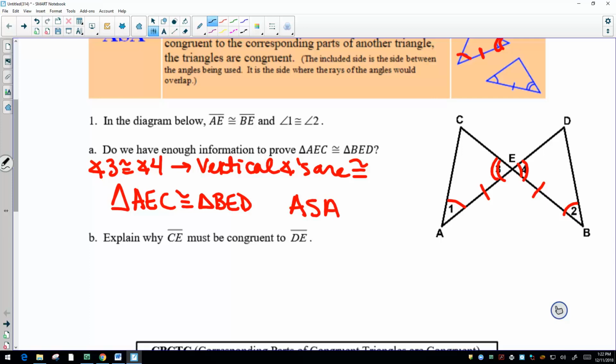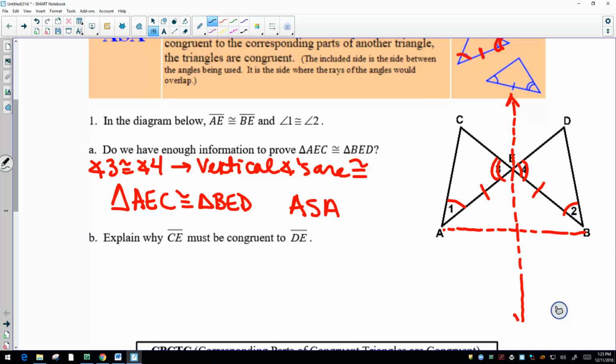So then it wants to know, why would CE have to be congruent to DE? Well, if our triangles are congruent, we've always been able to say there's some rigid motion that would take one onto the other. So if I took this segment that connects AB and made the perpendicular bisector, that provides to us this line.